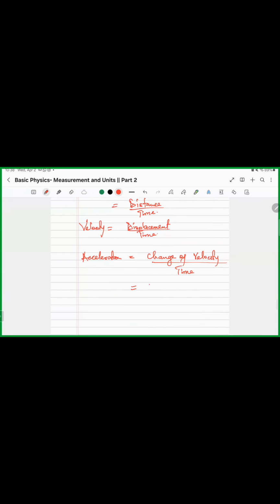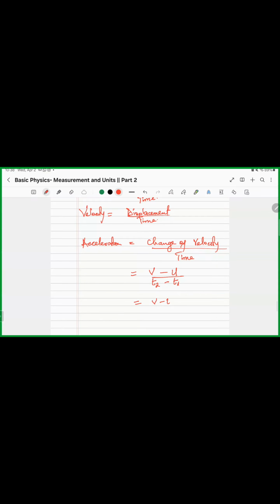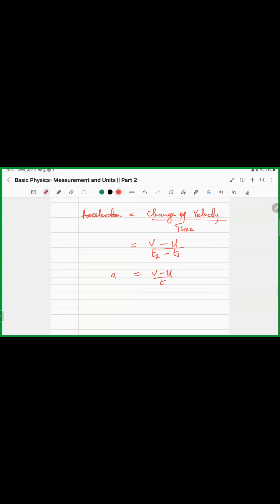Here we'll be representing final velocity as v, initial velocity as u, and the time as t, where t can be t2 minus t1. So let me write it finally as acceleration equals (v minus u) over t. v is final velocity, u is initial velocity, t is our time difference. Keep all of this in mind.